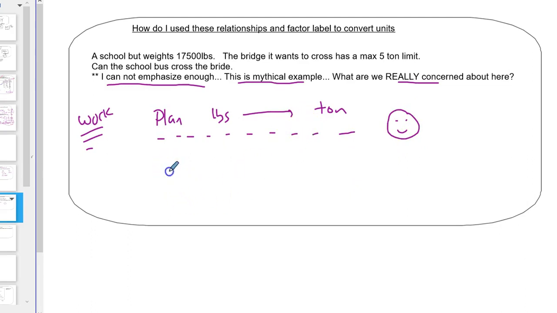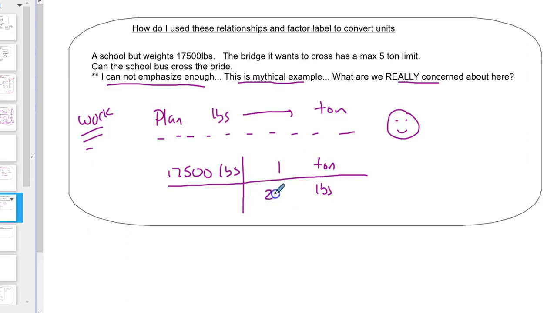Here we go. Here's the plan. 17,500 pounds. I'll use the train tracks here, get rid of pounds, and I want to go to tons. Always cancel my units out here. 1 ton is equivalent to 2,000 pounds. This equivalency is always the same. We'd never have a different pounds to tons.